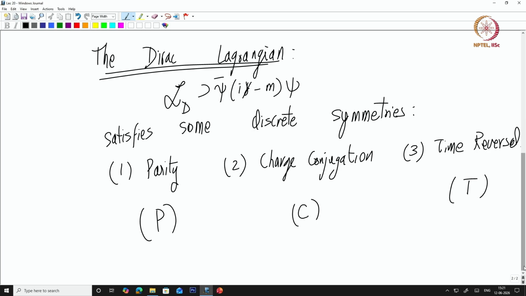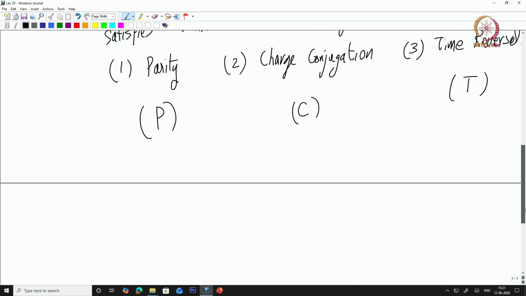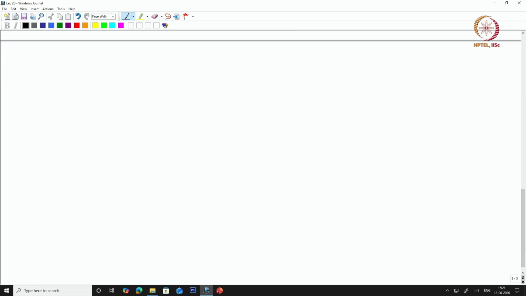So, what is time reversal and parity? Let us look at time reversal and parity. We will come to see a bit later. Under parity, you have x0 goes to x0 and x bar goes to minus x bar, or if you want, we use x^i.